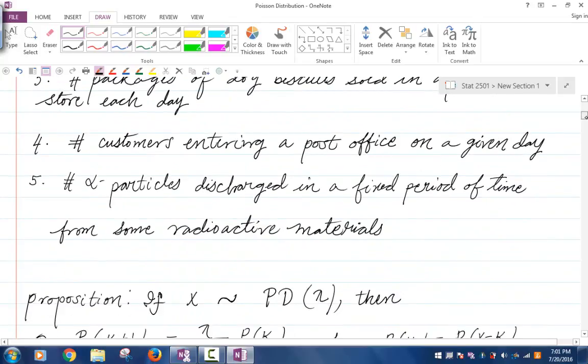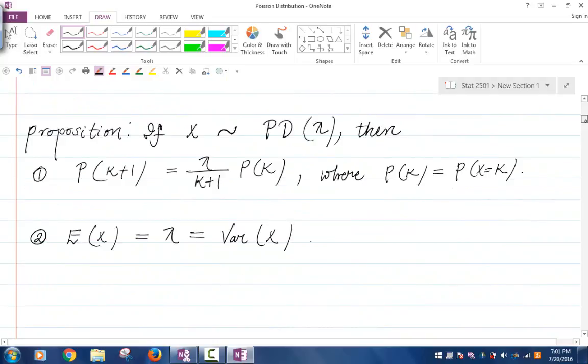So right now let's look at the expectation and variance of x. Assume that x is a Poisson random variable with parameter lambda, or x has Poisson distribution with parameter lambda.